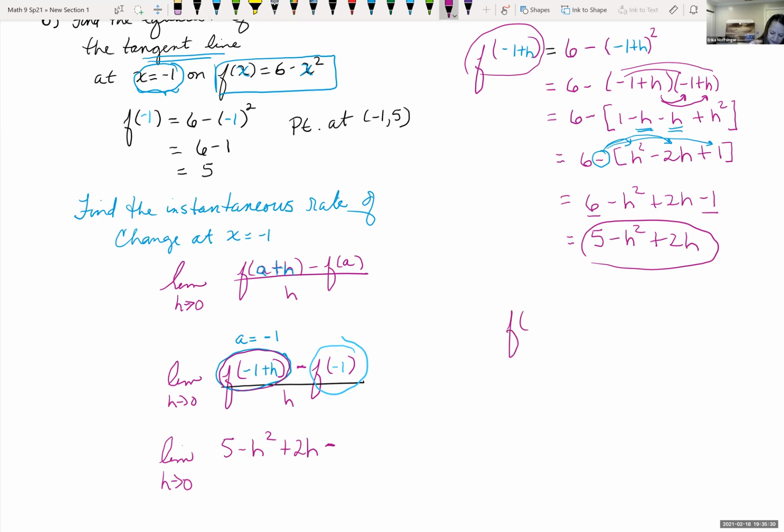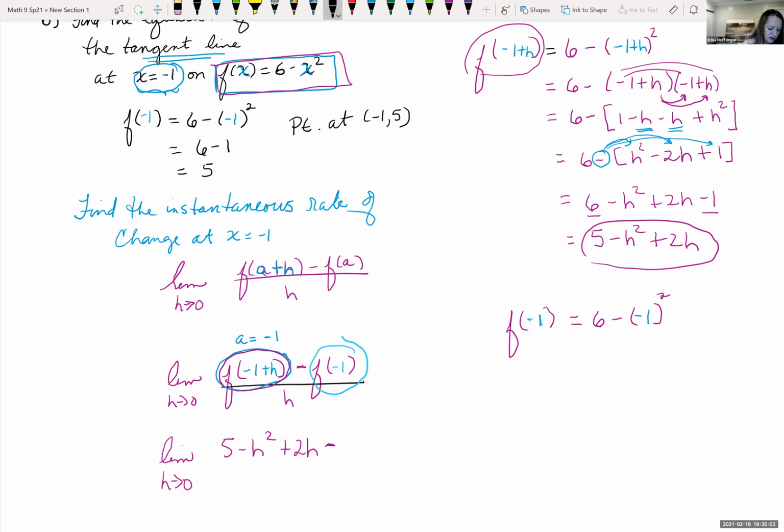So f of -1, if I plug in -1 wherever I see an x in my function f of x, this is equal to 6 minus, I see an x, put parentheses, square it. Replace the x with -1, put that -1 inside the parentheses.